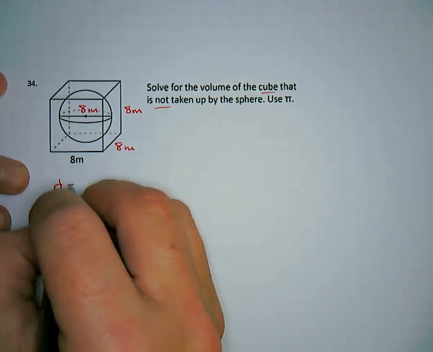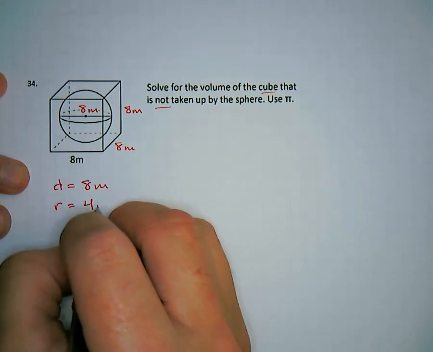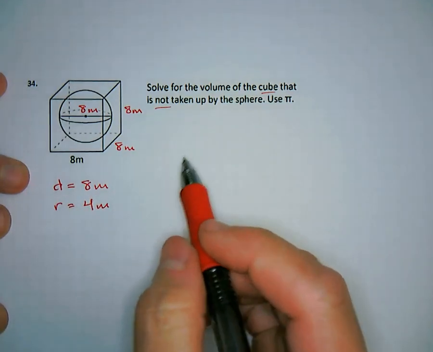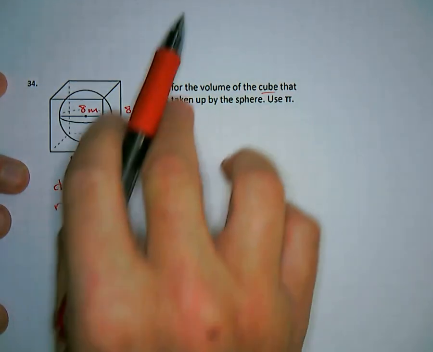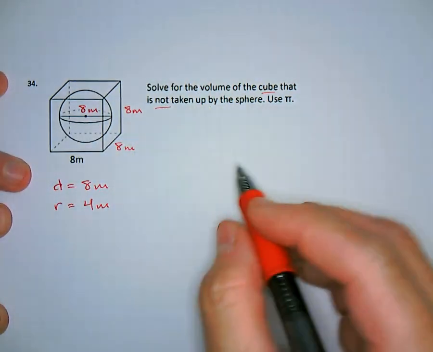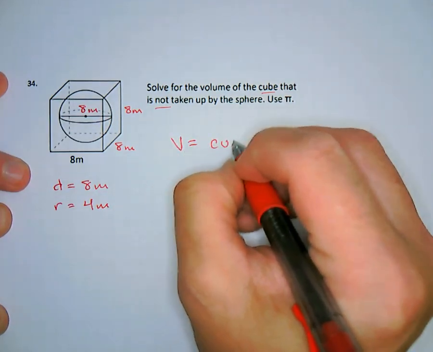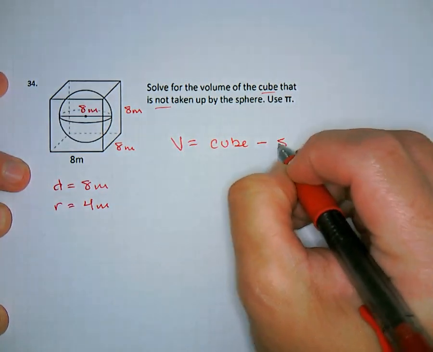Well, if the diameter is 8 meters, then our radius is 4 meters. We're going to use that once again when we calculate our sphere, just like we did in that problem above. So the volume not taken up by the sphere: our total volume is the volume of the cube minus the volume of the sphere.